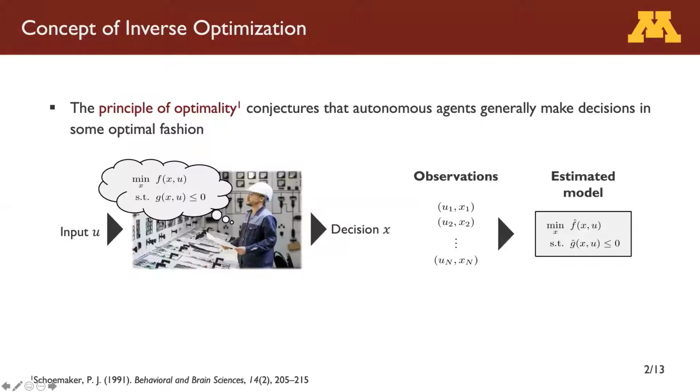In other words, the idea is that autonomous agents actually solve an optimization problem to arrive at their decisions. So in inverse optimization, we fit an optimization problem on the data such that the optimal solutions of the estimated optimization problem closely replicate the decisions being observed in reality.